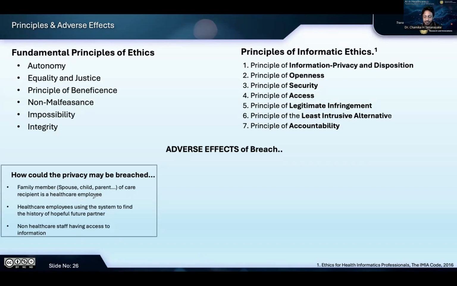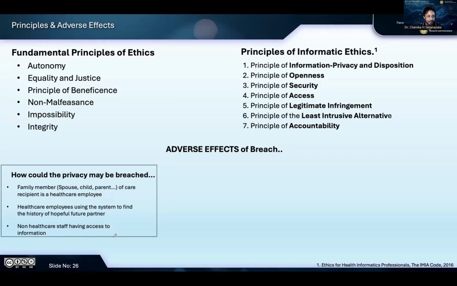I'm pretty sure most of you have experienced that maybe you ask for a patient's details from some relative within the hospital. That's kind of dangerous, although we don't realize it, without getting the consent from the patient.